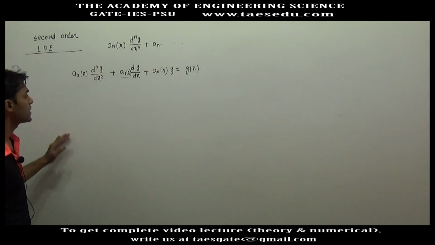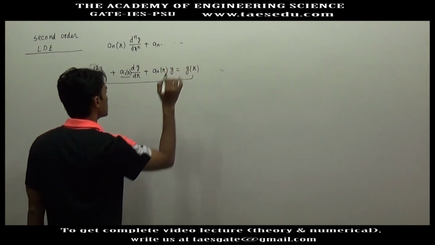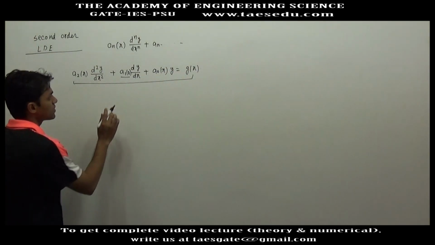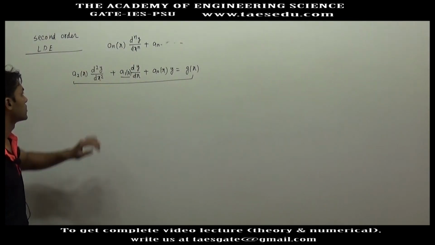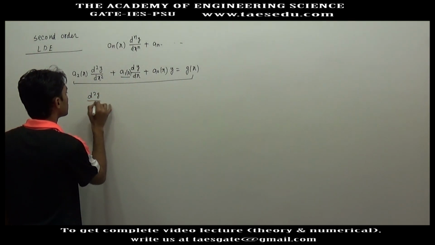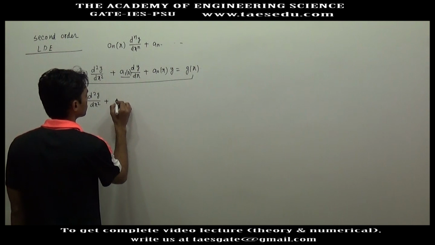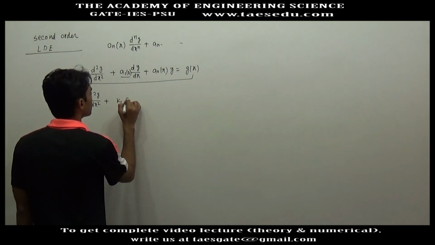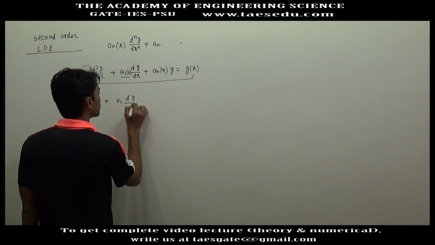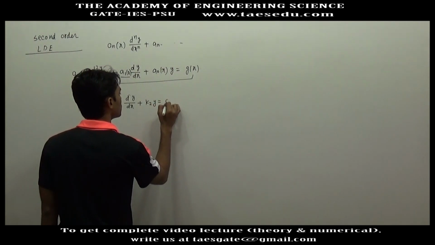As far as the GATE examination is concerned, this is the general form of second order linear differential equation, but for the GATE exam we will study two special cases. The first special case is d2y by dx square plus k1 dy by dx plus k2 into y is equal to 0.